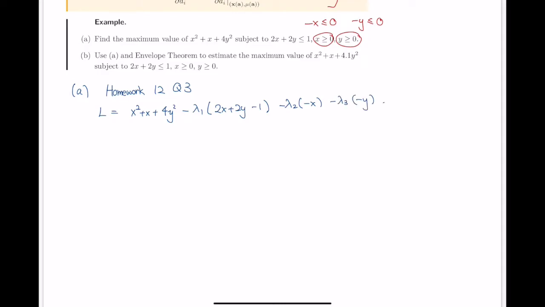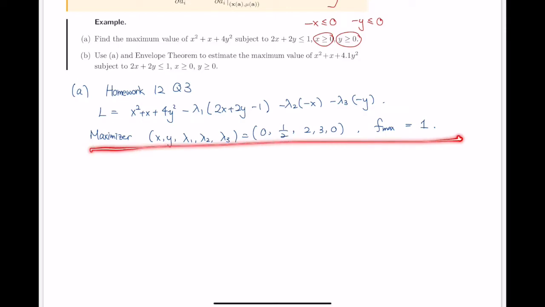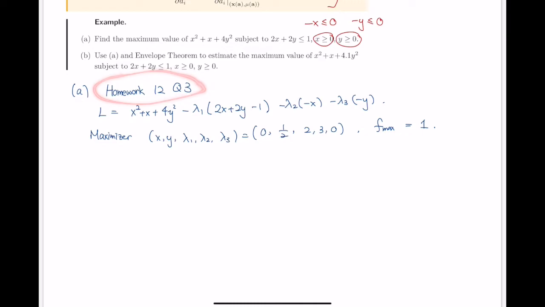Okay? And then in homework 12, question 3, we find that the maximizer is given by x, y, lambda 1, lambda 2, lambda 3 equals 0, half, 2, 3, 0. And then the maximum value equals 1. Okay? So I didn't do it instantly, but check the homework question, then you will get the answer.